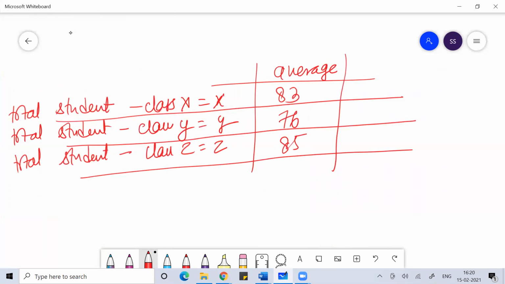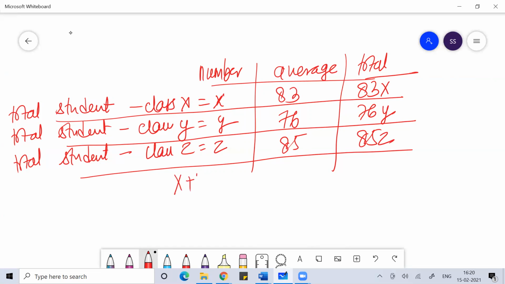So the total value will be 83x, 76y, and 85z.